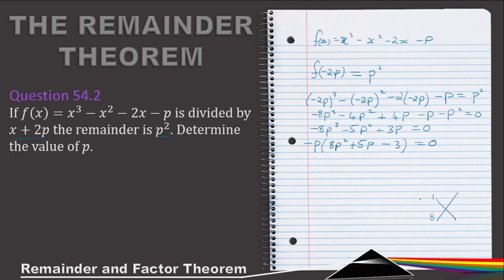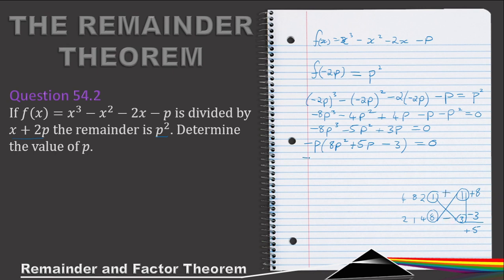1 times 8, 2 times 4, on this side 1 and 3, and here I just swap around 4 and 2. Okay, and we want 5, so 8 and 1 gives me 8, 1 and 3 gives me 3. To get plus 5, I'm going to say plus 8 and minus 3. So this is a plus and this is a minus.